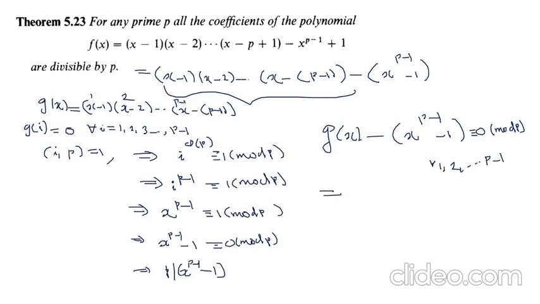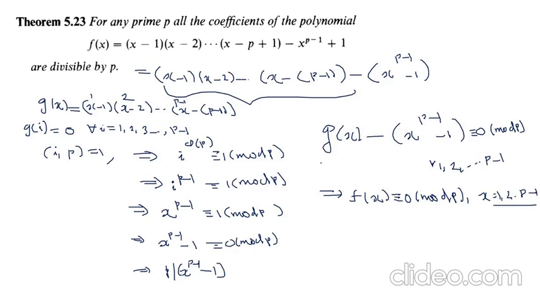That implies f of x congruent to 0 mod p for every integer x equal to 1 to p minus 1. So here we will get f of x congruent to 0 mod p has how many solutions? p minus 1 distinct solutions.